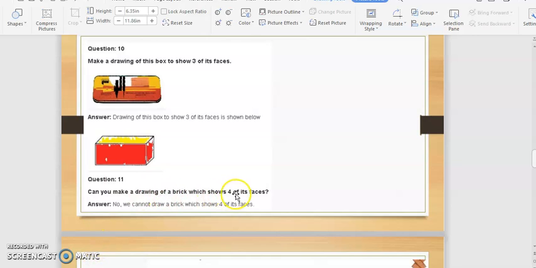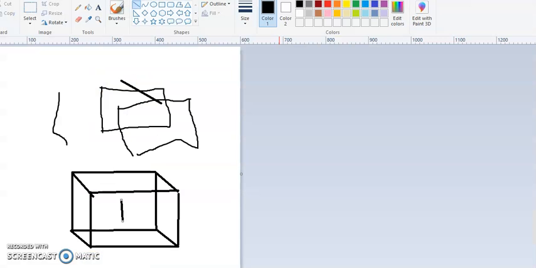Can you make a drawing of a brick which shows 4 sides of its face? Even if you tilt it, move it, or place it in a horizontal or vertical manner, my dear children, we cannot draw a brick which will show 4 of its faces. Even if you try over here, it is going to show 1, 2 and 3. Okay.